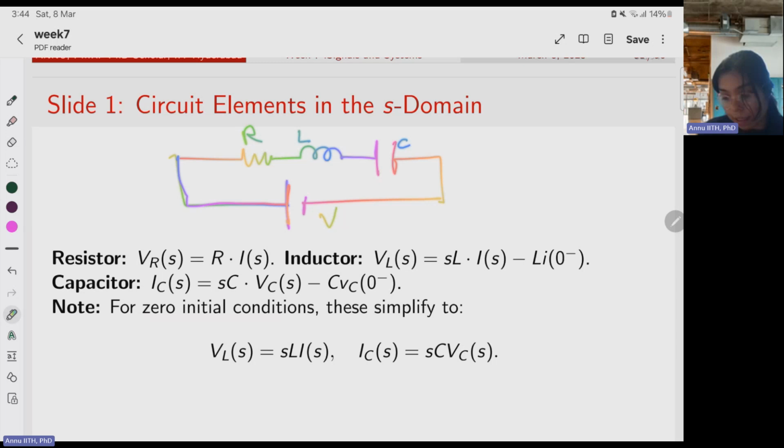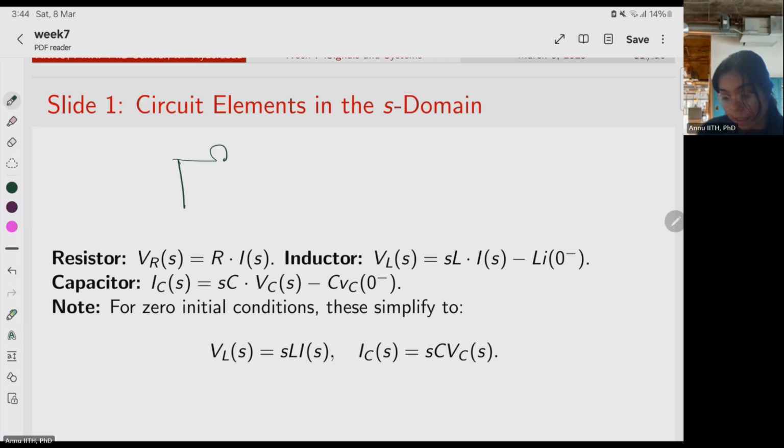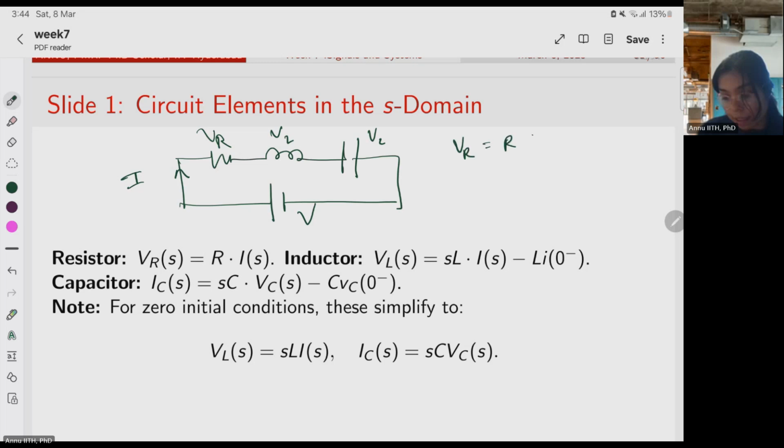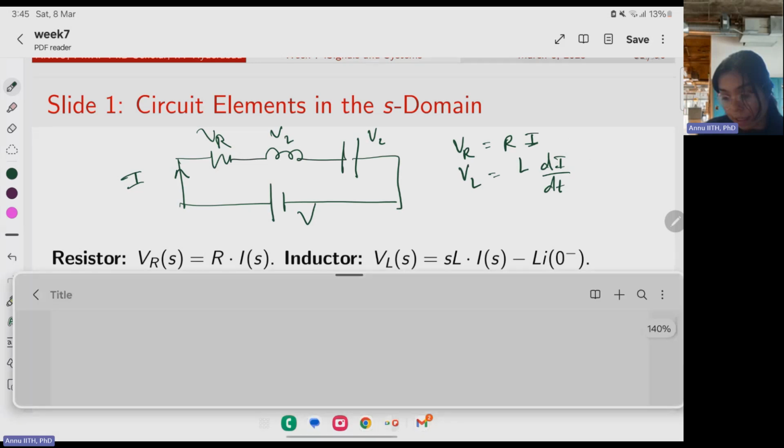Suppose the resistor current is equal to I. So since in series we have I here, V_R is nothing but R I, and V_L is equal to L dI(s)/dt.